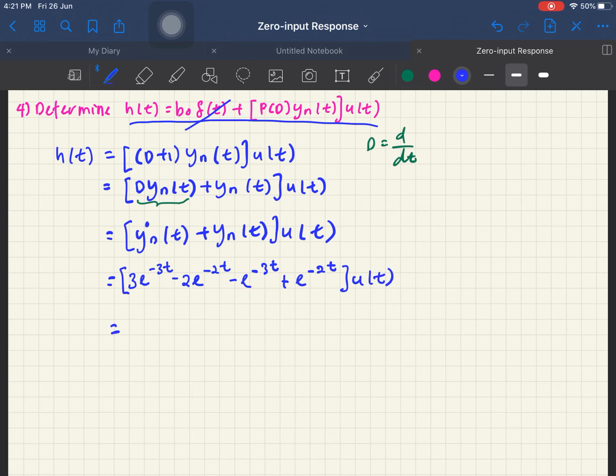Performing some operations, you are left with 2e to the minus 3t minus e to the minus 2t, times u of t. So this is the impulse response of the given system.